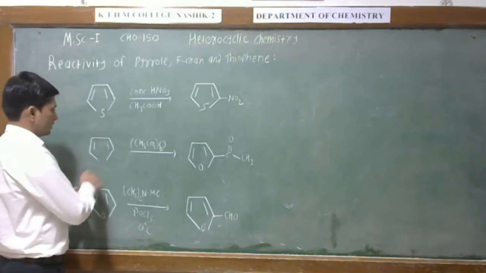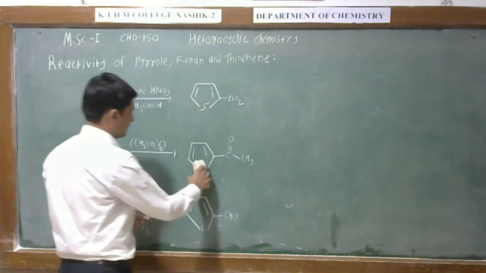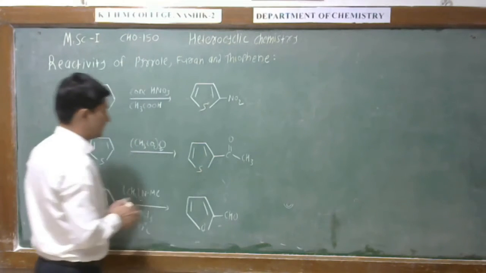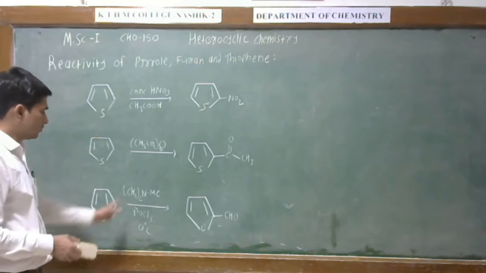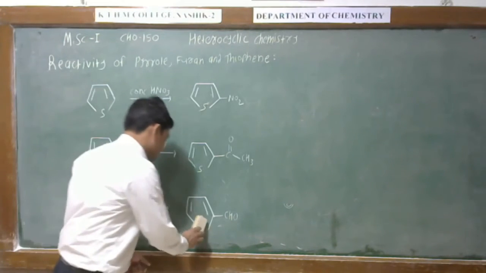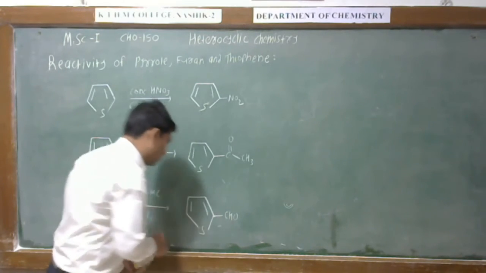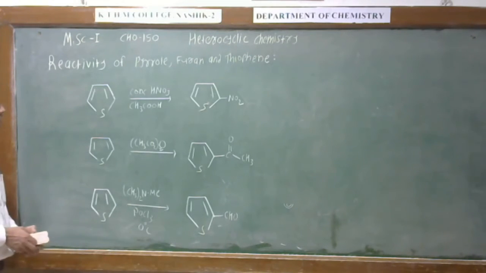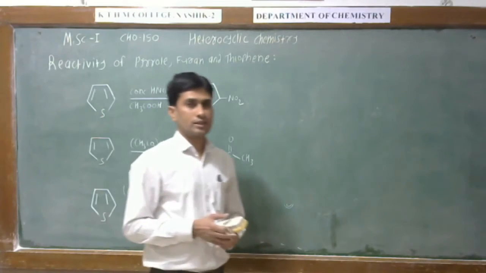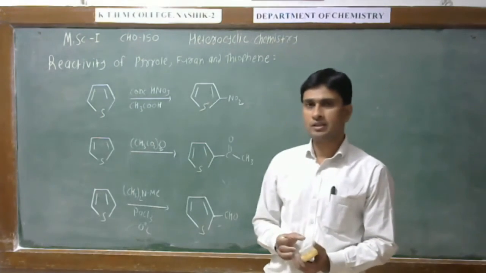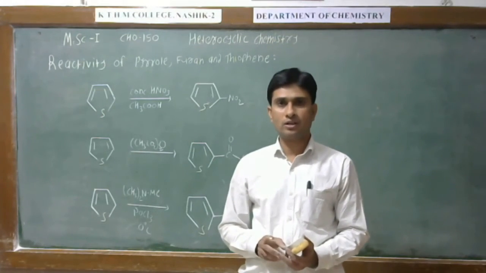Thiophene undergoes the acylation reaction, then it gives 2-acyl thiophene. And when thiophene undergoes the formylation reaction, then it gives 2-formyl thiophene.